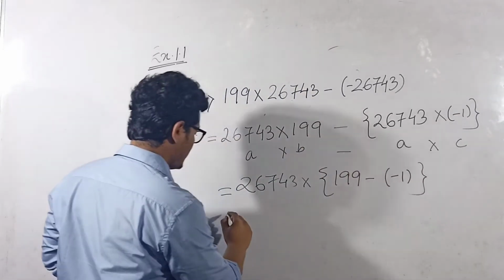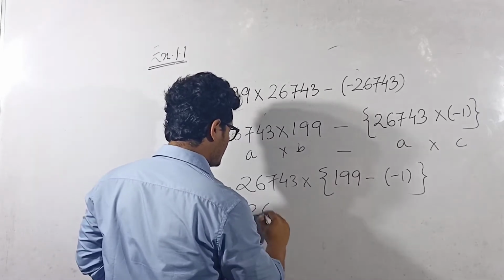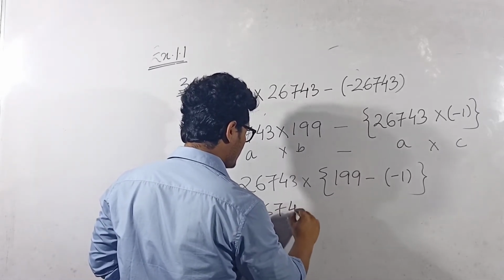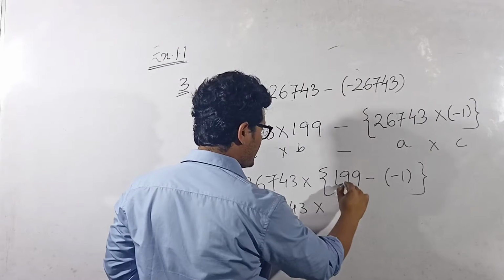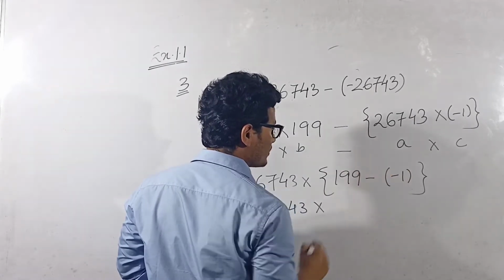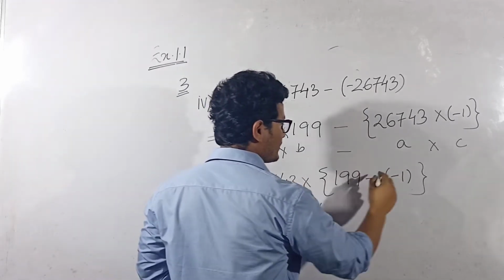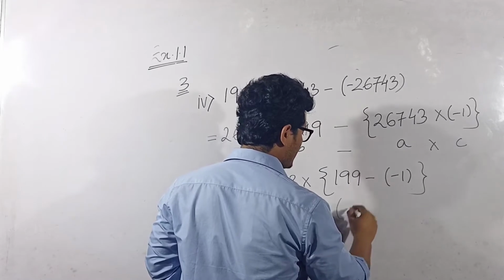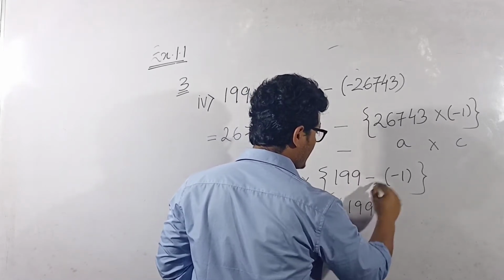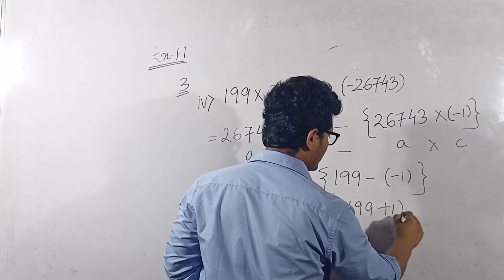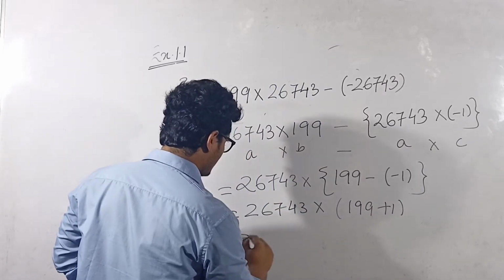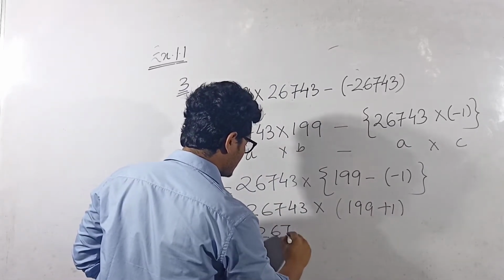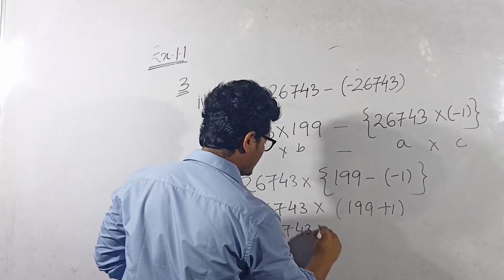Okay. Now see, 26743 into 199 minus of minus 1 will be what? Plus. So 199 plus 1 will be what? Will be 200. 199 minus of minus 1 is equal to plus 1. Yes or no? It is equal to 26743 into what?